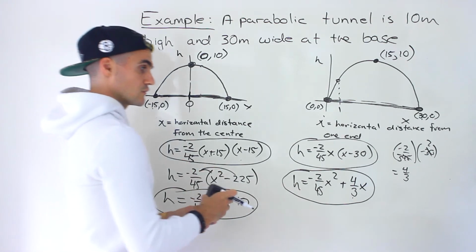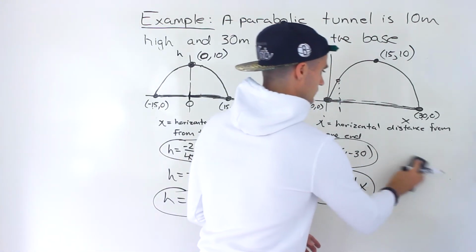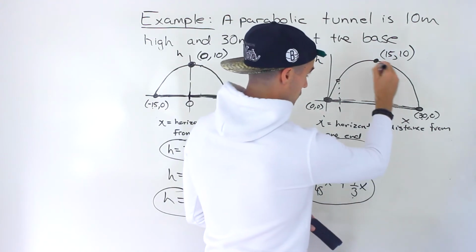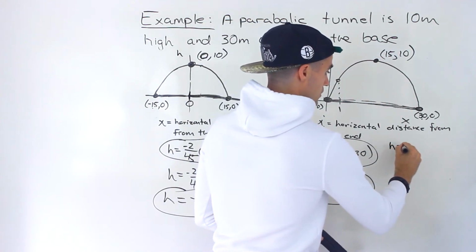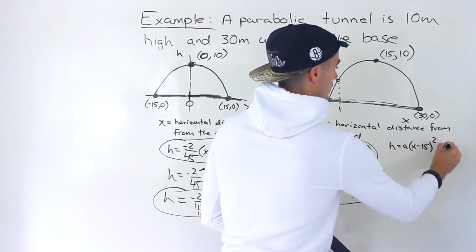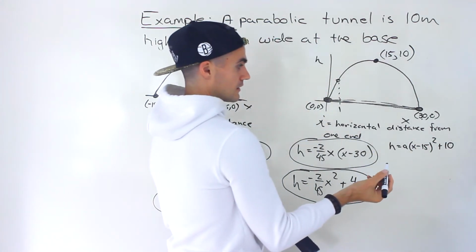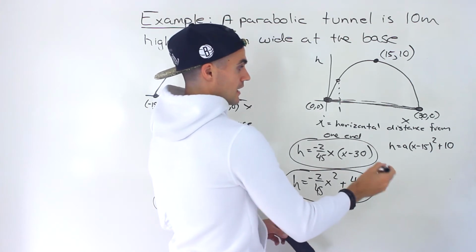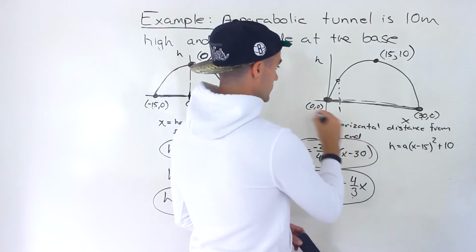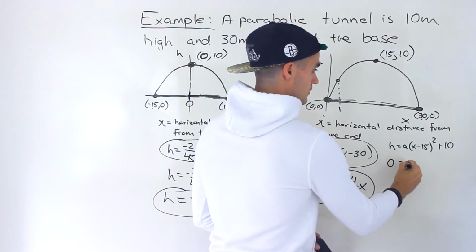Now you could also get the vertex form. If we were to do that, we would use the vertex first. So we'd have h equals a times x minus 15 squared plus 10, like that. Okay, and then from there we could plug in this point or this point to solve for the a value. Let's plug in the origin.